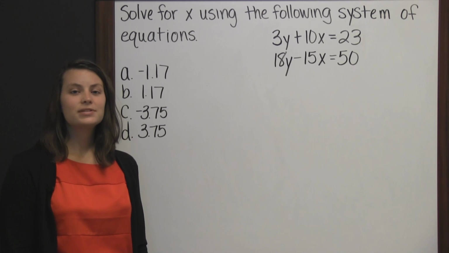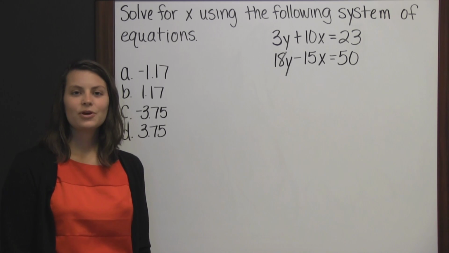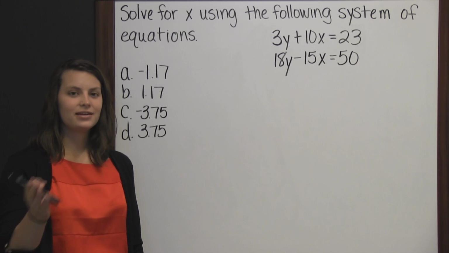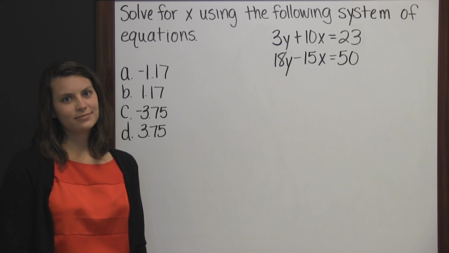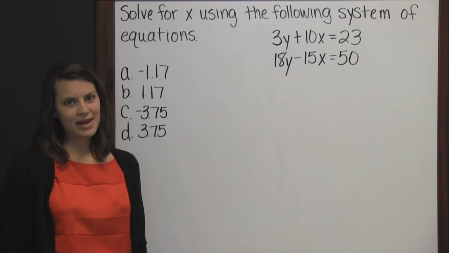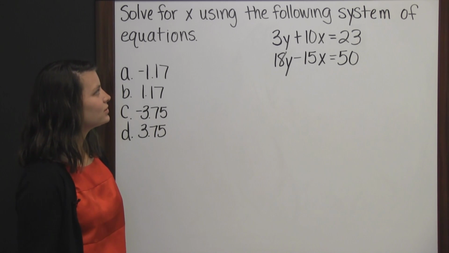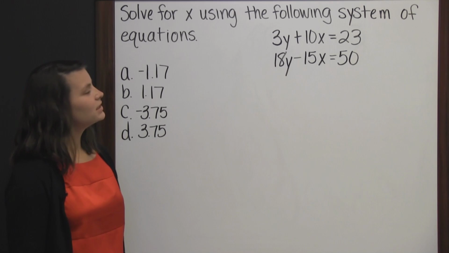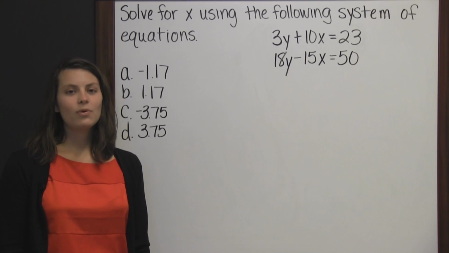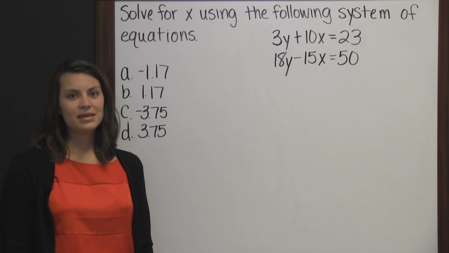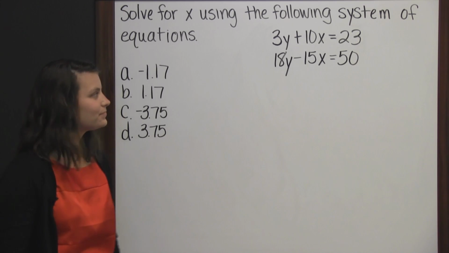You can also use substitution. That's where you solve for one variable and then substitute that expression into the other equation. And then there's elimination. And that's the method we're going to use now to solve for x. Since we want to solve for x, we want to eliminate y. And eliminate means to get rid of.